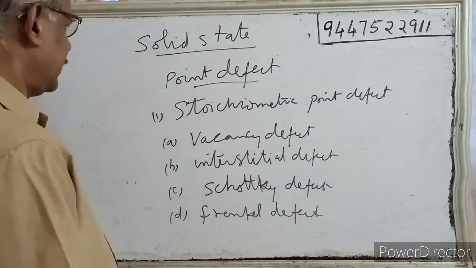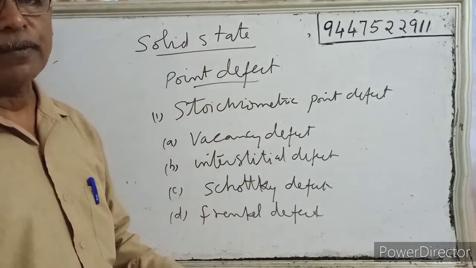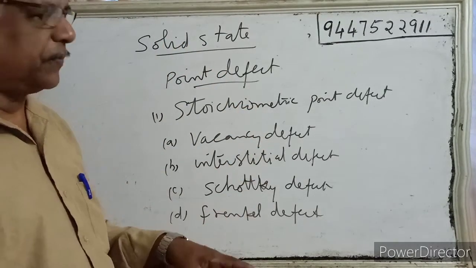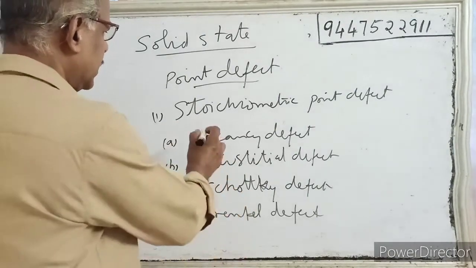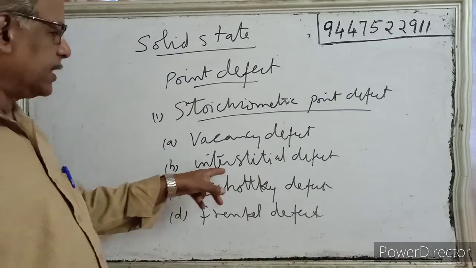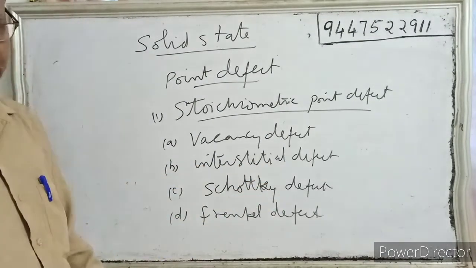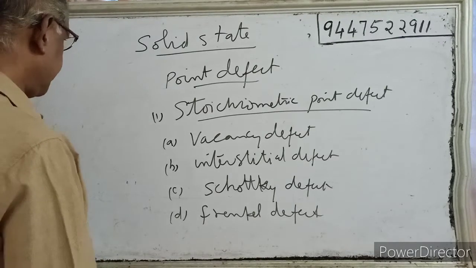Point defects are classified into three: stoichiometric point defect, then non-stoichiometric point defect, and impurity defect. Stoichiometric point defects are again classified into one, vacancy defect, then two, interstitial defect, then three, Schottky defect, and four, Frenkel defect. So we have to study in detail.